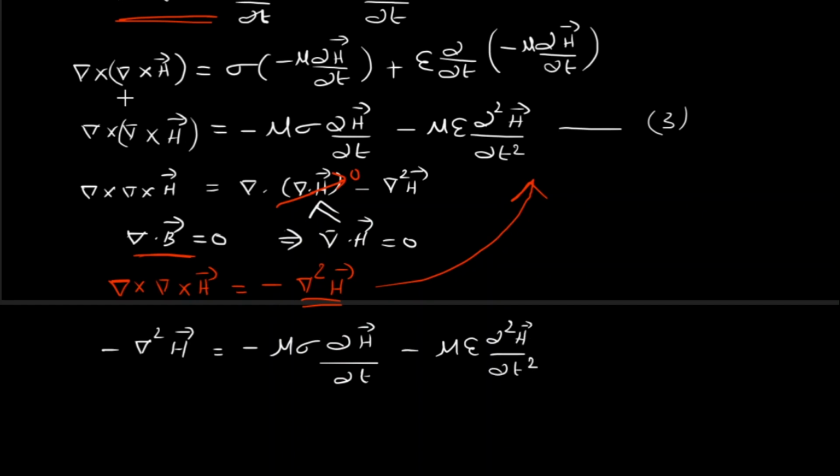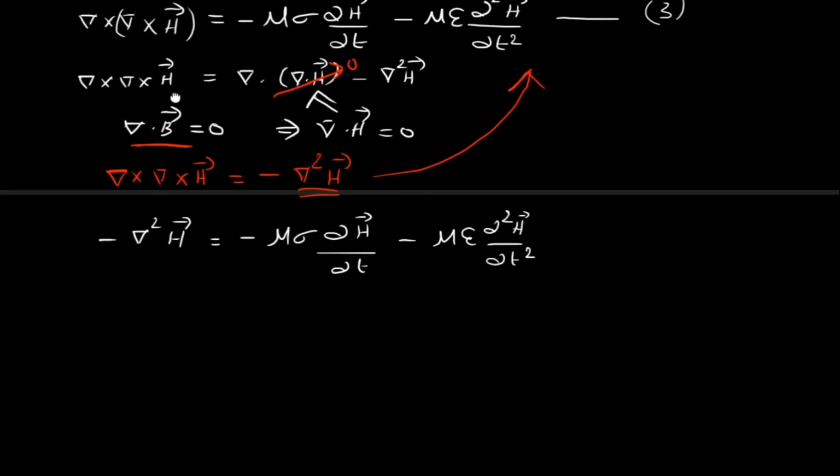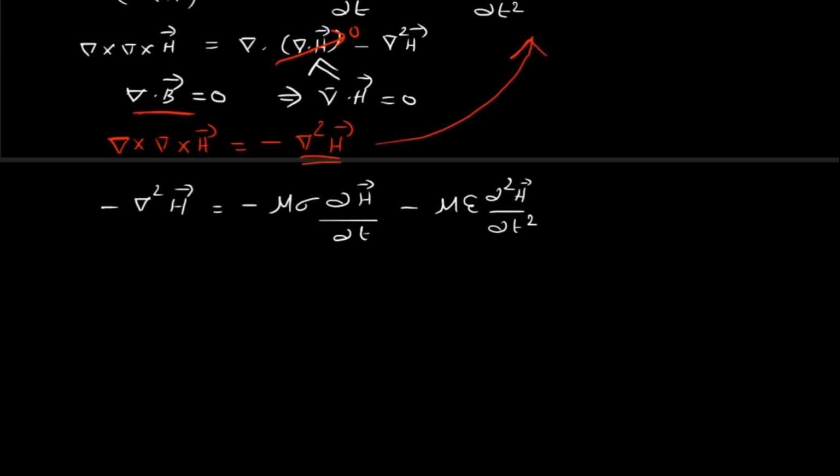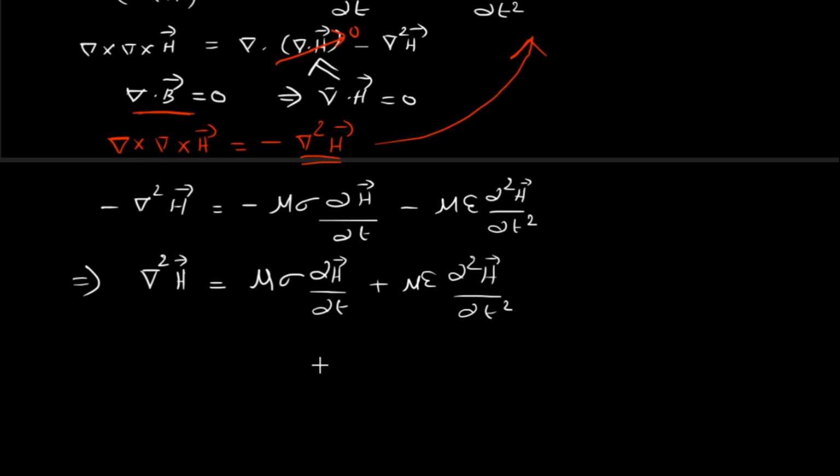Similar to the previous case, I have negative signs throughout, so I can write this equation in a better way as del square H equal to mu sigma del H by del t plus mu epsilon del square H by del t square.